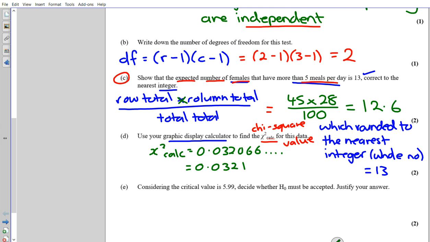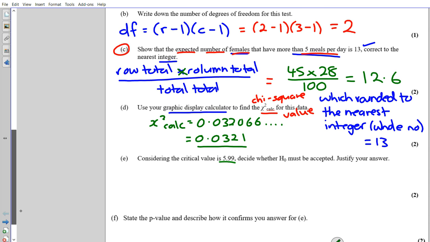Really important step because it's very popular in exams. E, considering that the critical value is 5.99, they have to tell you the critical value in exams these days, and that's what you compare to the chi-squared value, which you just calculated. Decide whether or not we reject or accept the null hypothesis. Justify your answer. So first step is say which one is bigger.